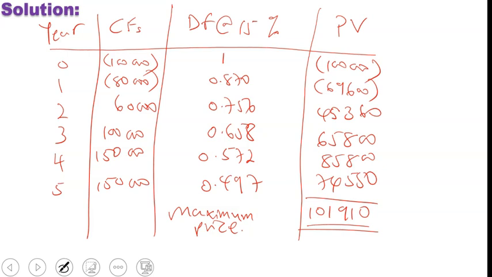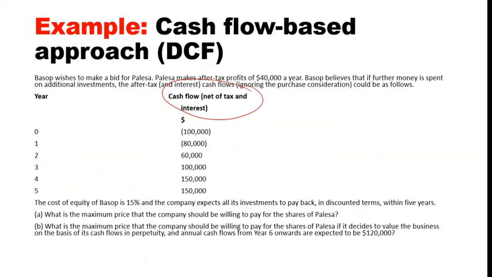So the value of the cash flows from year 6 onwards in perpetuity at year 5 is as follows, because we are told that from year 6 we are going to get 120,000. And remember here, a perpetuity is the same as P0 is equal to D over Ke.